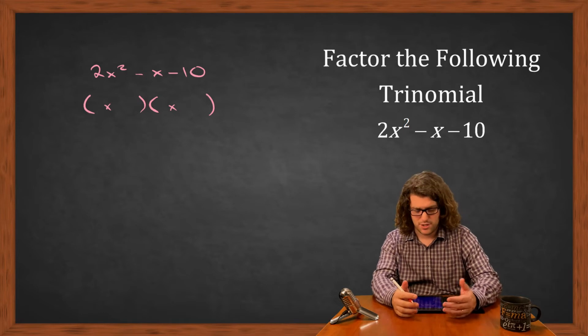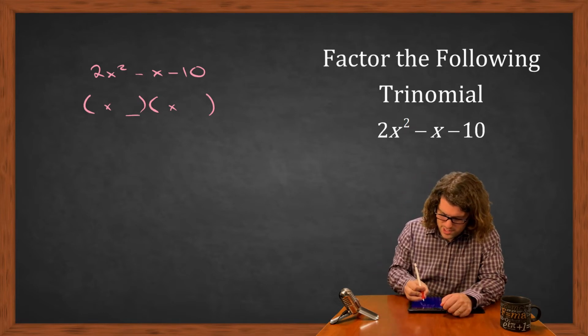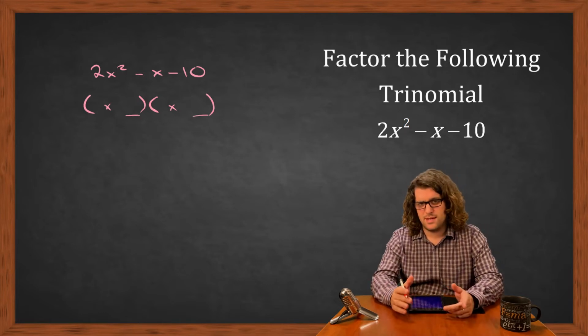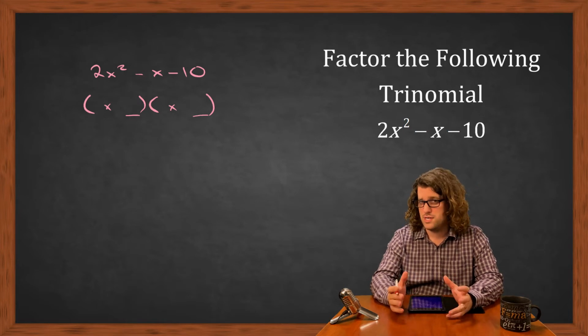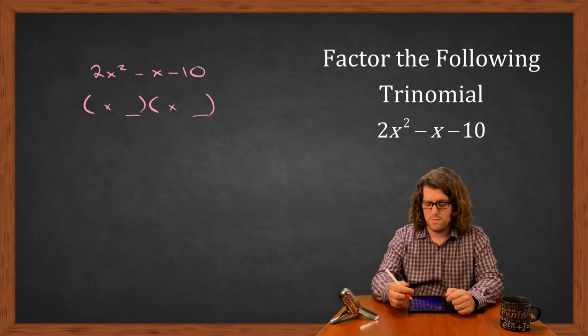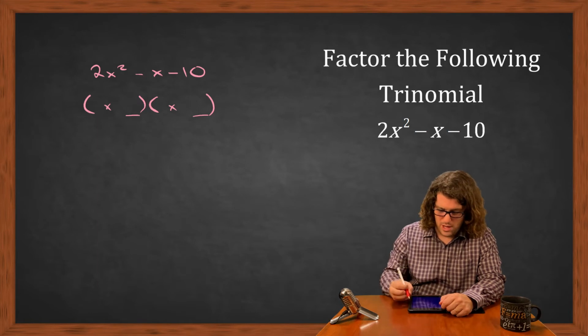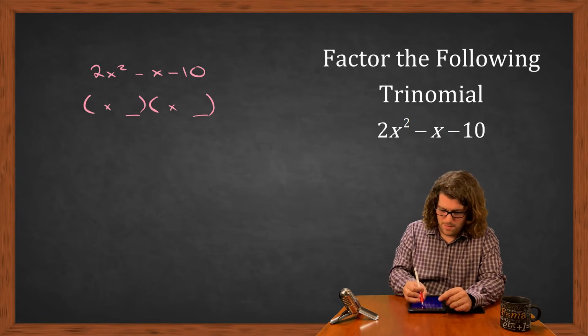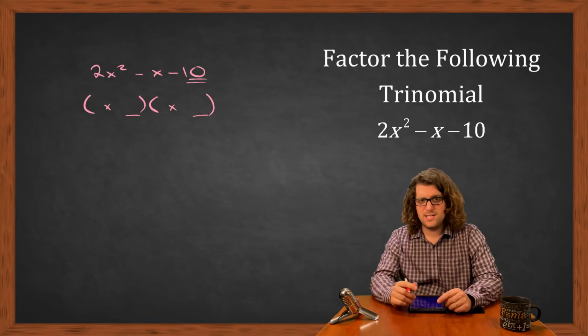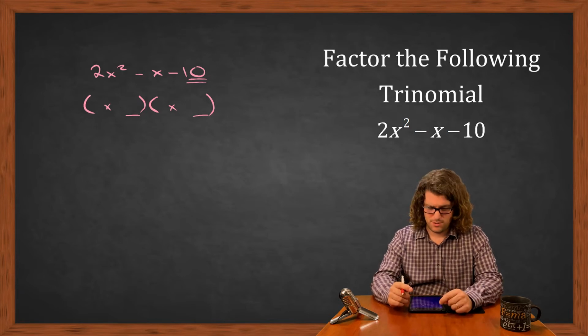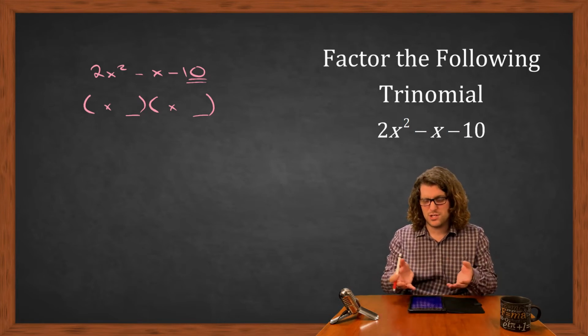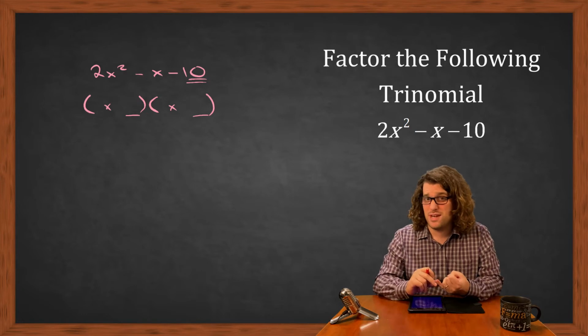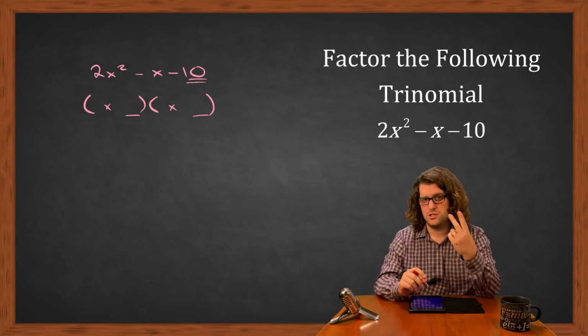Maybe there's some coefficients on it. But what's going to go in these spots, I can use some guess and test to get a reasonable assumption as to what will be there. The only way to come up with this constant term is by multiplying the two constant terms in the binomials, which is where I have my blanks right now. So I need to come up with a negative 10 by multiplying two numbers together.